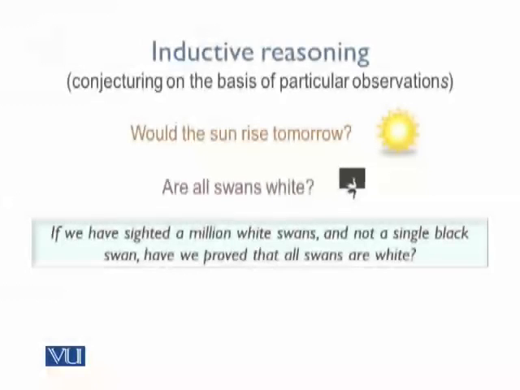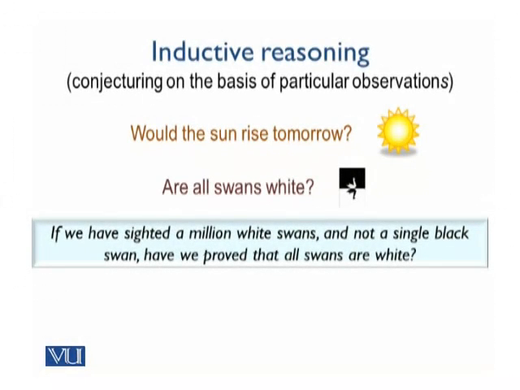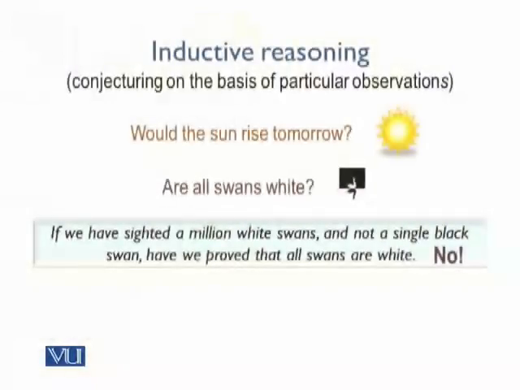लेकिन when people actually went to Australia, they discovered that all swans are not white. You have a counter example. So just because you've observed 1 million of white swans, you've not proved that all swans are white. You always have this proverbial black swan which can always come and slay your hypothesis, क्योंकि एक counter example show करता है कि आपकी hypothesis does not predict for all of the cases.